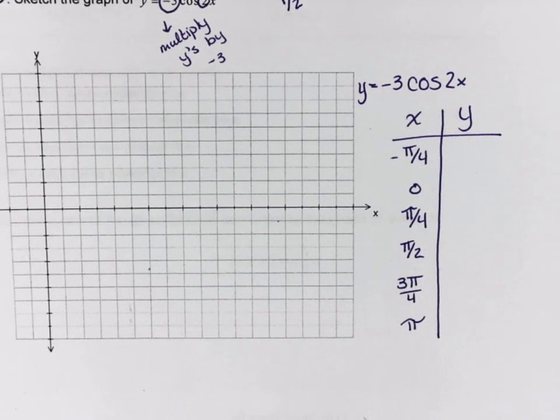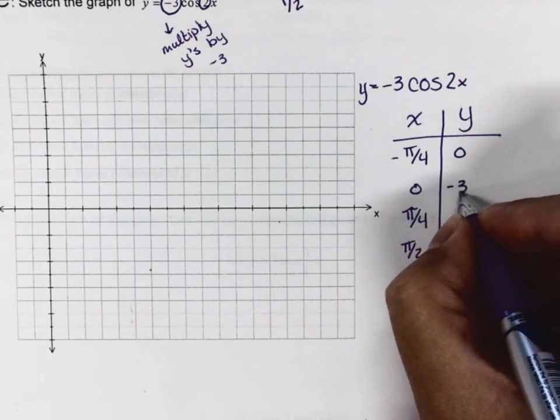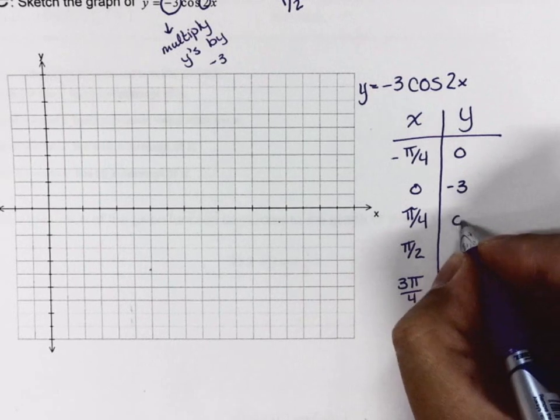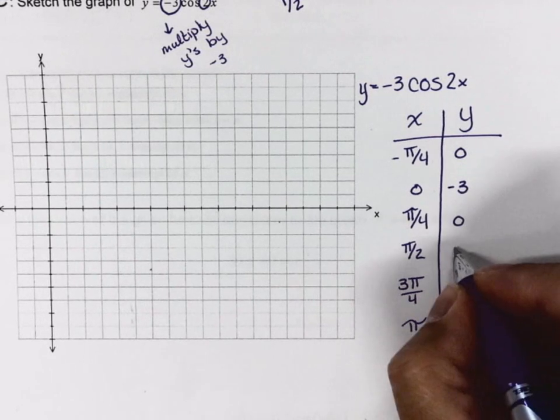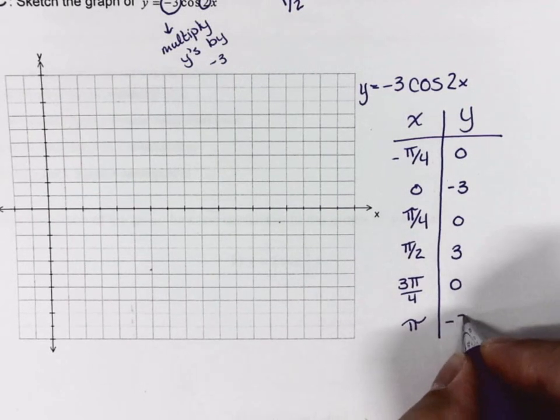Okay, so now we're going to do our y's. 0 times -3 is still 0. We'd have -3 here. We would have 0. We would have +3 here, 0, and then -3 again.